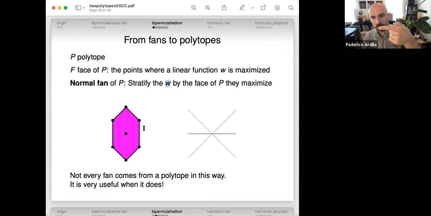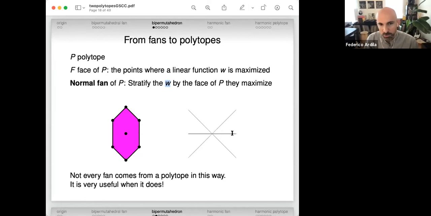If I point my finger up a little bit further, like over here, then the farthest part of this polytope, according to this direction, is this point. Then what I do is that I now look at all the various faces of this polytope, and I say, okay, what are the directions that maximize this line? They are the horizontal directions to the right.